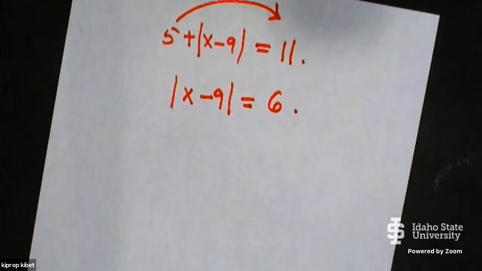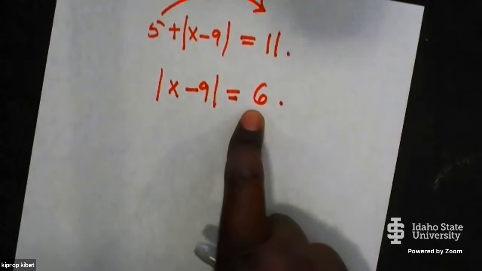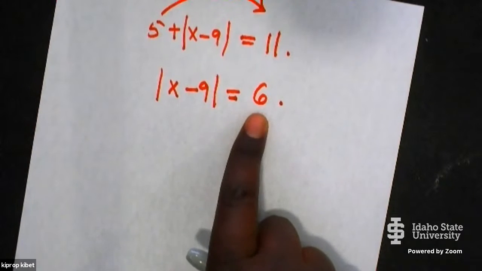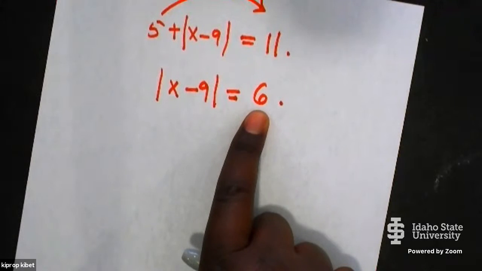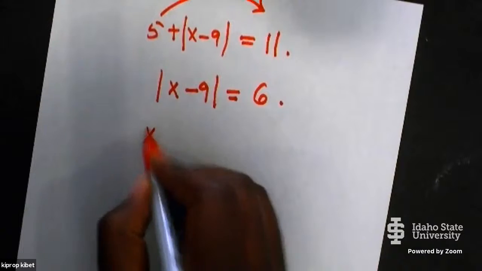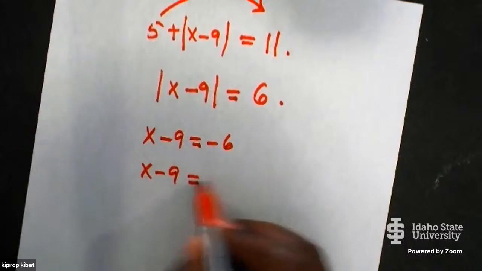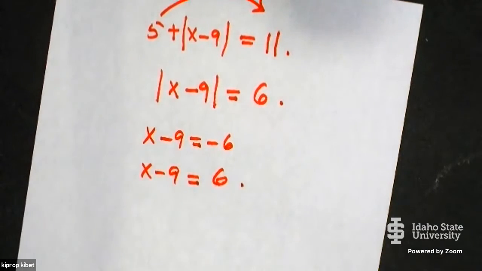Now, if this one was negative, what would be our answer? No solution, yes. But if this one is positive, then x minus 9 equals minus 6, or x minus 9 equals 6. So you can get the values of x.